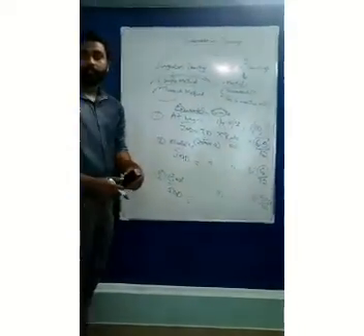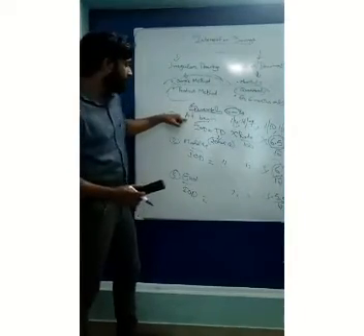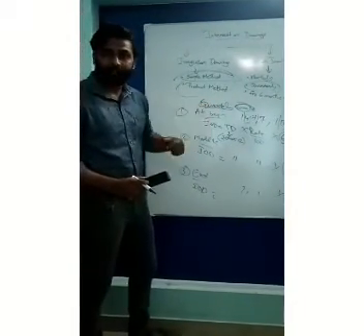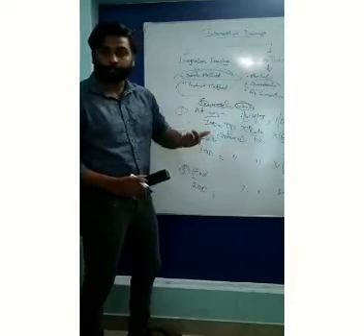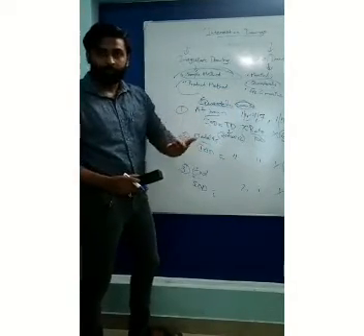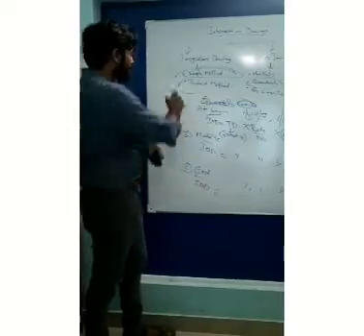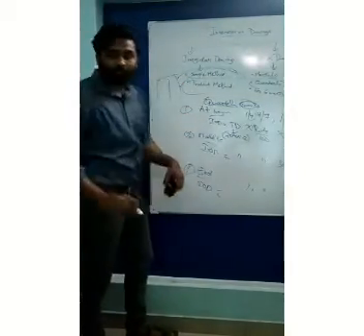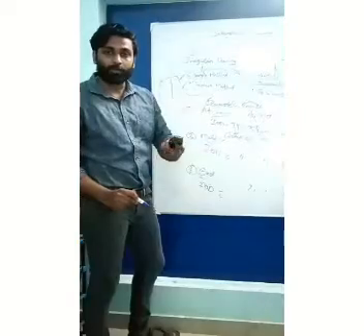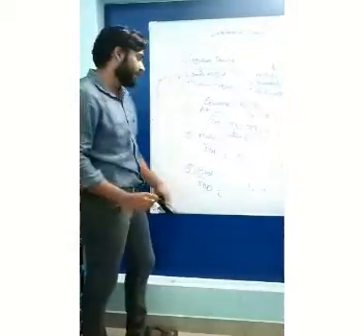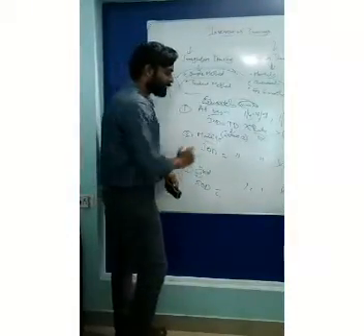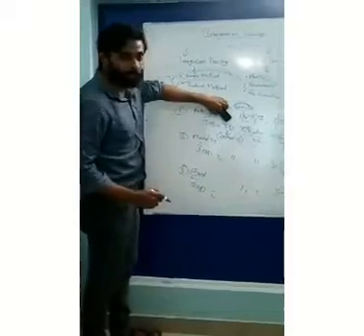If drawings are made at the beginning of every quarter with the same amount, for example in our case 2000 is withdrawn at the beginning of every quarter, then without using this long column box, we can find interest on drawings by using a simple formula. Interest on drawings equals total drawings.